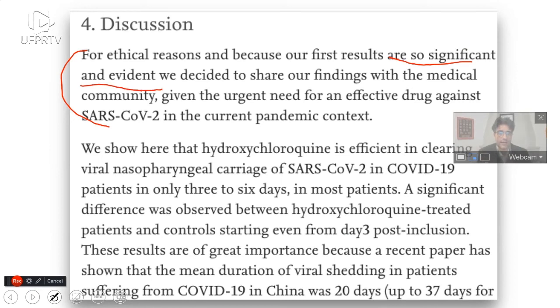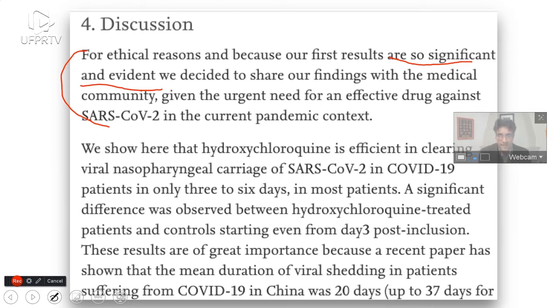They don't say anything like, although there are some possible confounding factors that should be taken into account upon interpreting our results, we decided to share this anyway. No, they subtly, but I would argue kind of clearly, convey a kind of confidence that betrays the spirit of limitations, especially those limitations as pointed out by people like Elizabeth Bik.